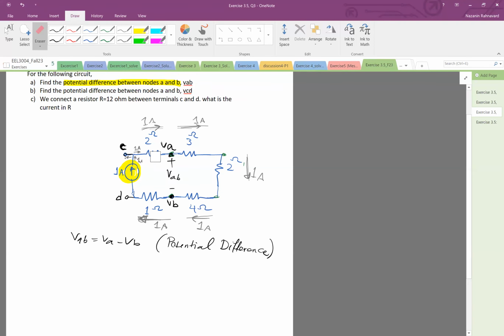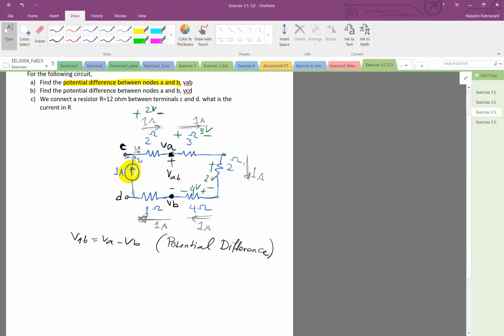I write it with green. If this is 2 ohm and it's 1 amp, therefore this is 2 volts. This is 3 volts. This is 2 volts. This is 4 volts.